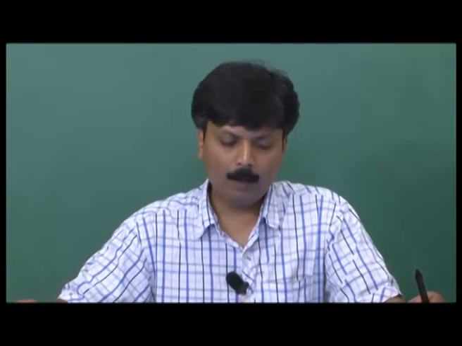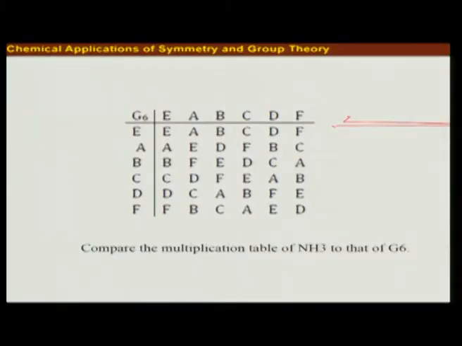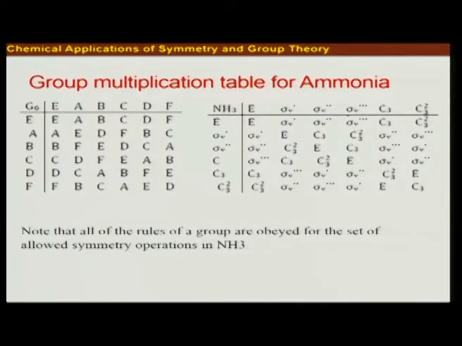Now can we compare the multiplication table which is on your screen right now with the multiplication table of C3v, that is for ammonia? Let's have a look at that. G6 is again there on the screen, and you also have the group multiplication table for the symmetry operations of ammonia. So what do you see? Here all the multiplications are provided.